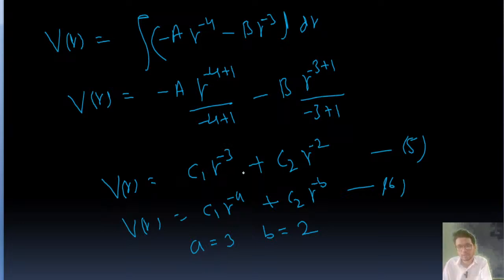You can also write this like C1 r to the power minus A, because these are constants. So A equal to 3 and B equal to 2, or A equal to 2 and B equal to 3, same thing. So this is the answer, guys. Option B is the correct option.